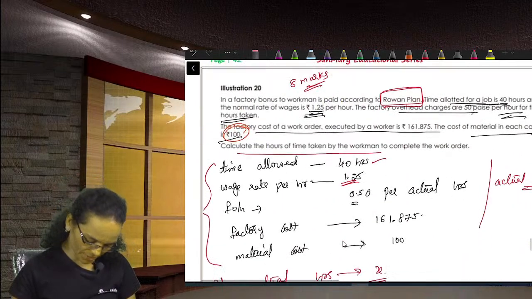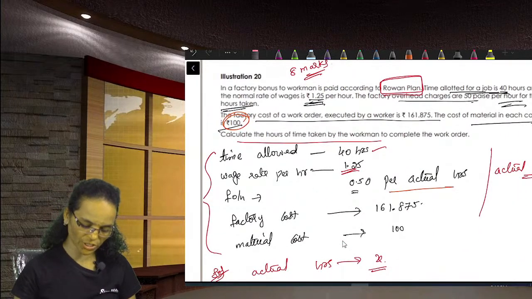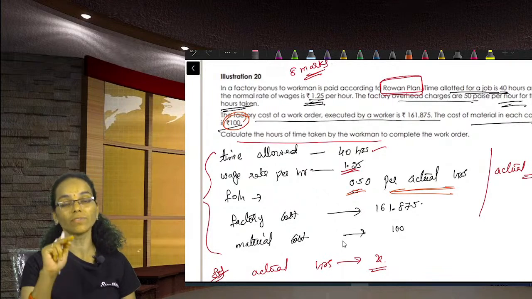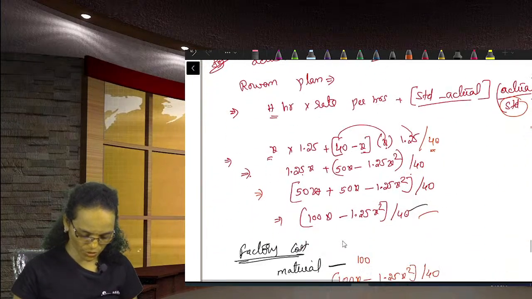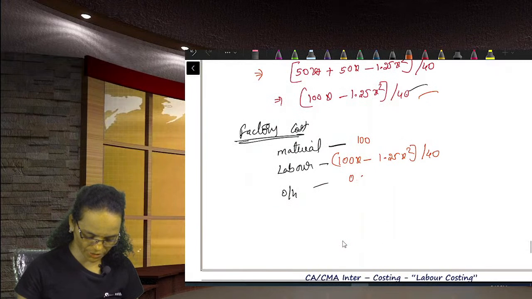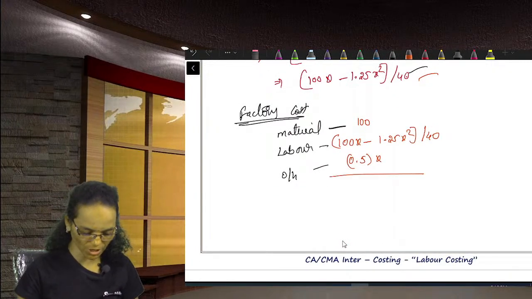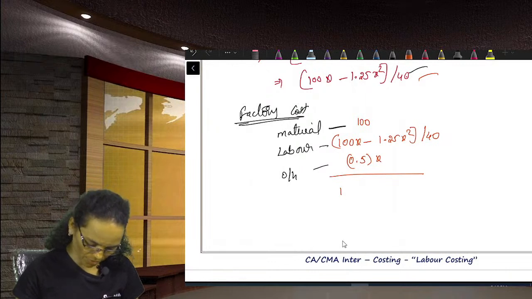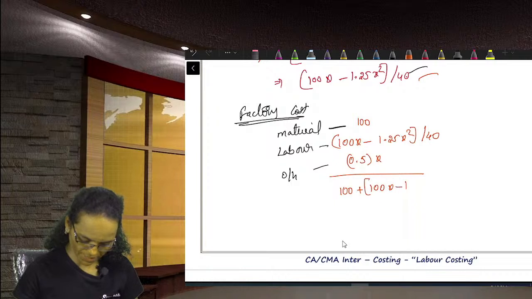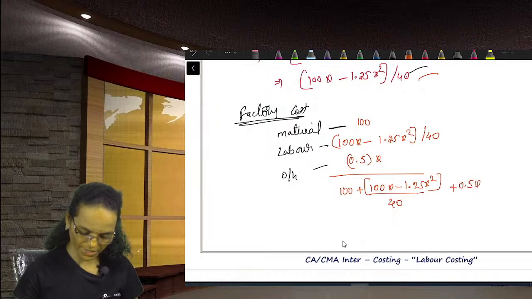Overhead is the actual hours worked into 50 paisa. Actual hours worked we assumed as x, so x into 50 paisa is 0.5x. The total factory cost is 100 plus 100x minus 1.25x square divided by 40, plus 0.5x.